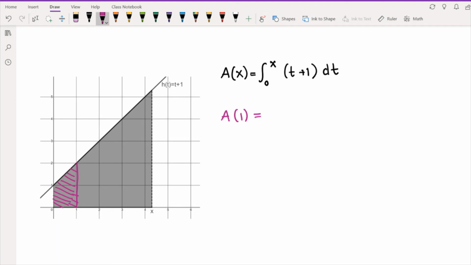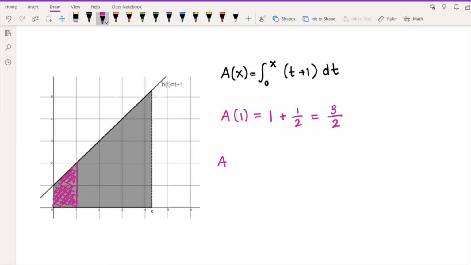But I think most people are probably more comfortable with squares and triangles. So the square part has an area of 1. And then the triangle part has an area of 1/2. I mean, we can just see that by looking at it, right? It's half a box. So 1 plus 1/2 is equal to 3/2.